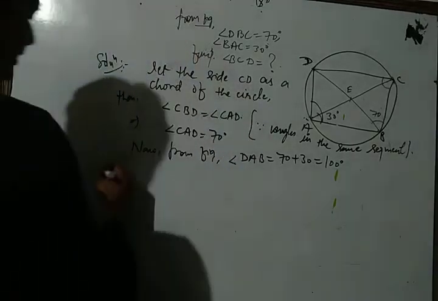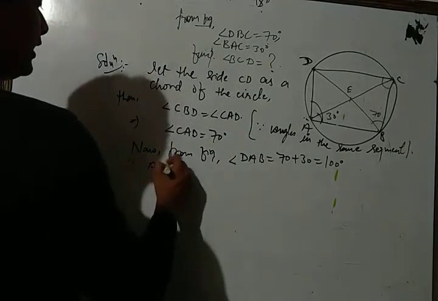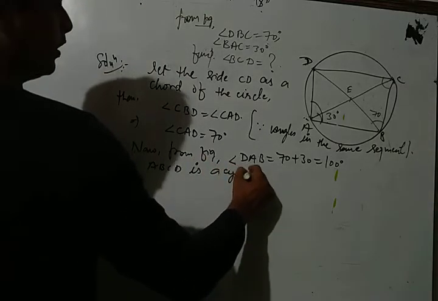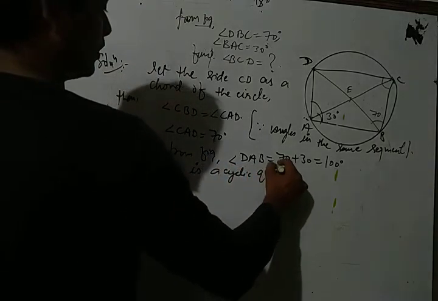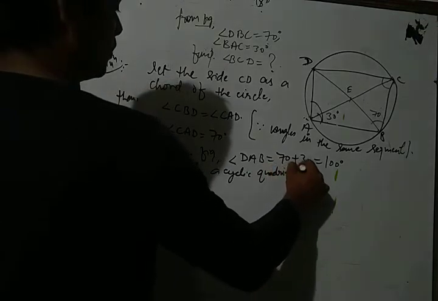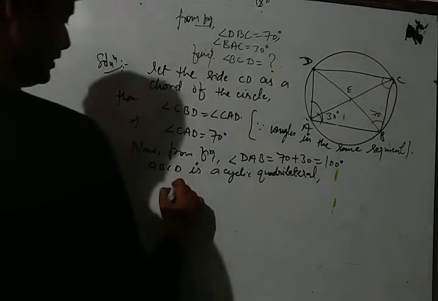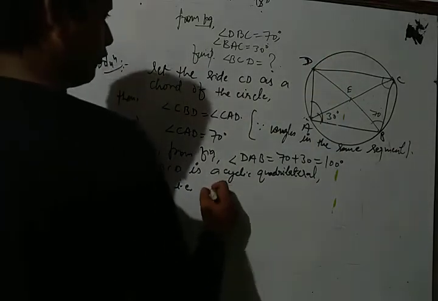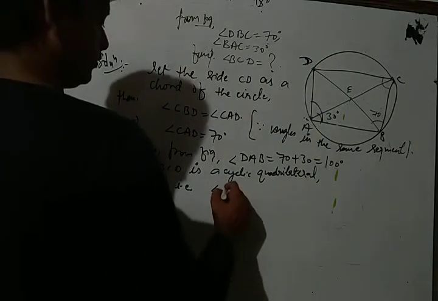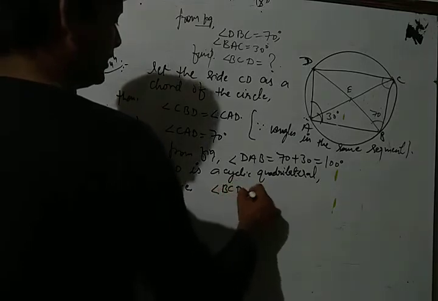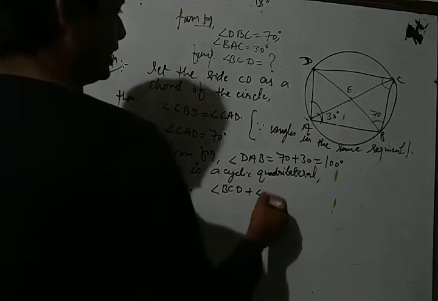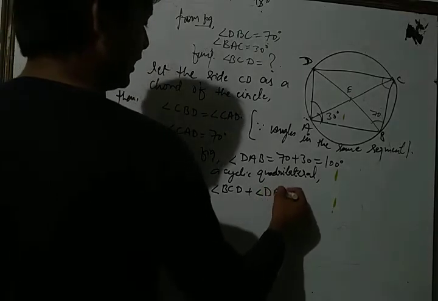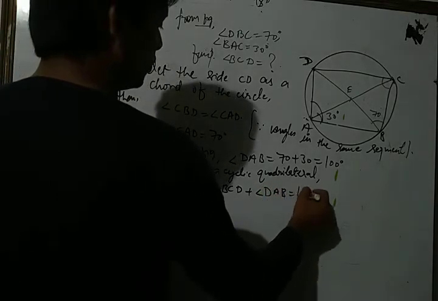Okay, now let's see. Since ABCD is a cyclic quadrilateral, we have angle BCD plus angle DAB is equal to 180.